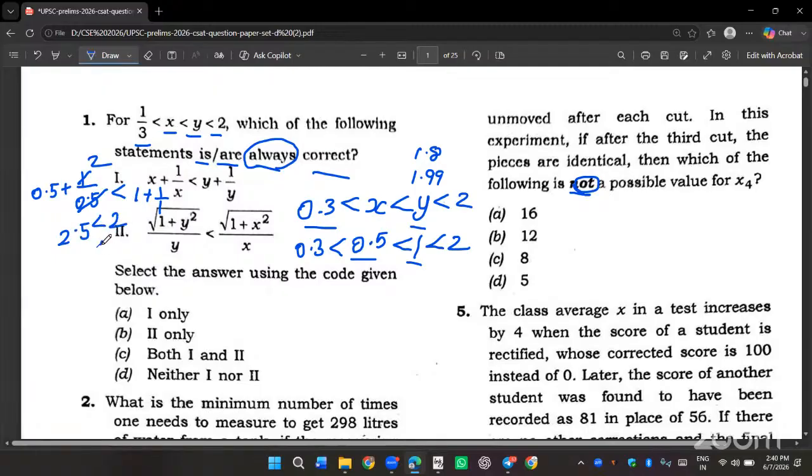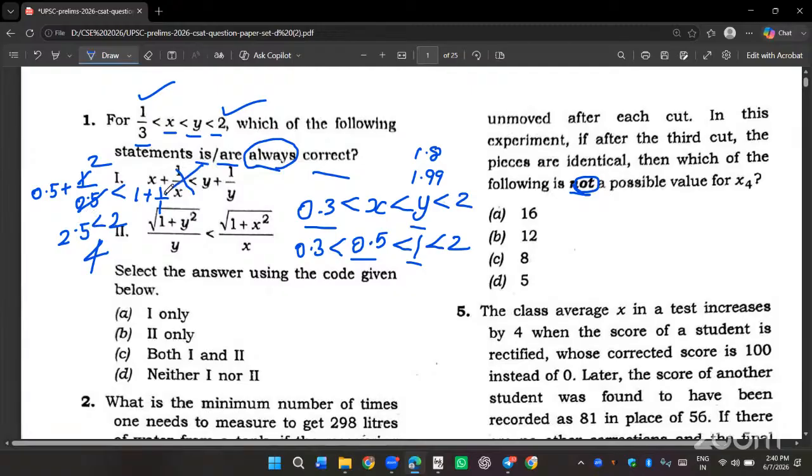No, here it is not less than 2. Likewise, you can substitute any value in between these two, 1/3 and 2, for x and y, and check. So here, always the word is important. In this, it failed now.